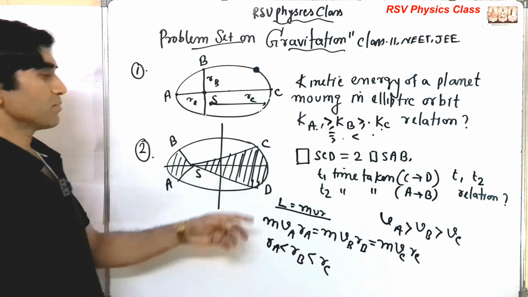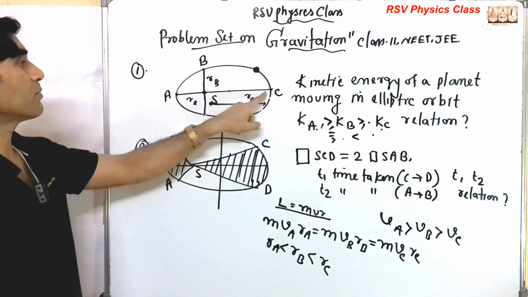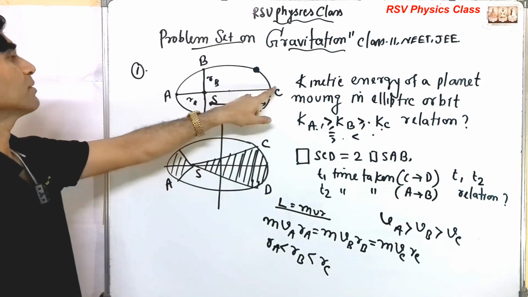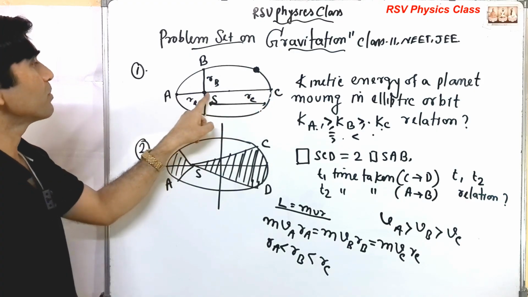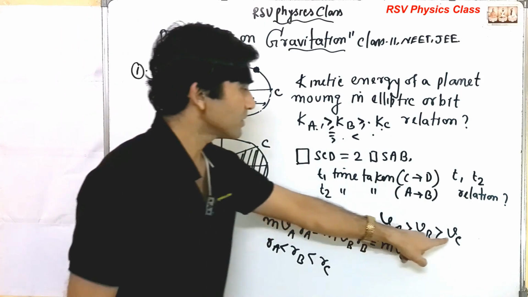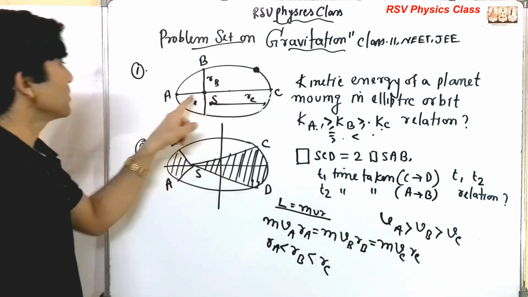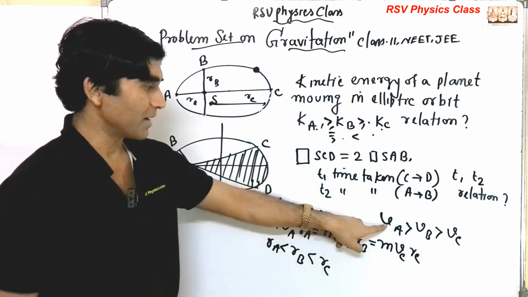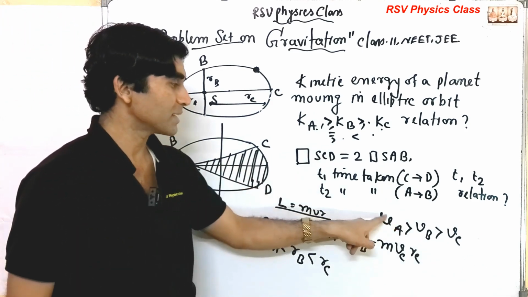From this relationship, consider perihelion and aphelion. When the planet is farthest from the Sun, at aphelion, its speed will be less. When the planet is near the Sun, its speed is higher. What will be the kinetic energy?